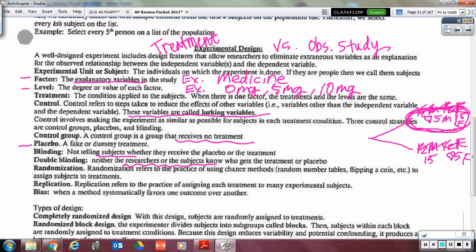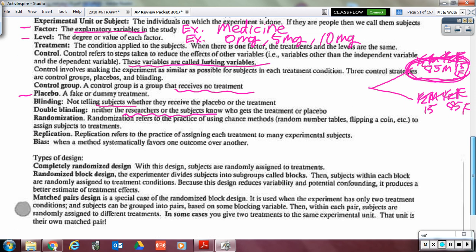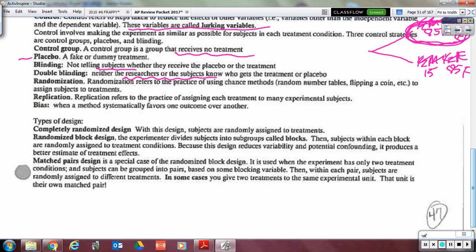Okay, randomization, we're going to talk about that. I'll tell you right now, the key with randomization is you want to spread unknown traits evenly. And that's what I put in my song. You want to spread any unknown traits evenly. That's what you're hoping to do when you randomize.